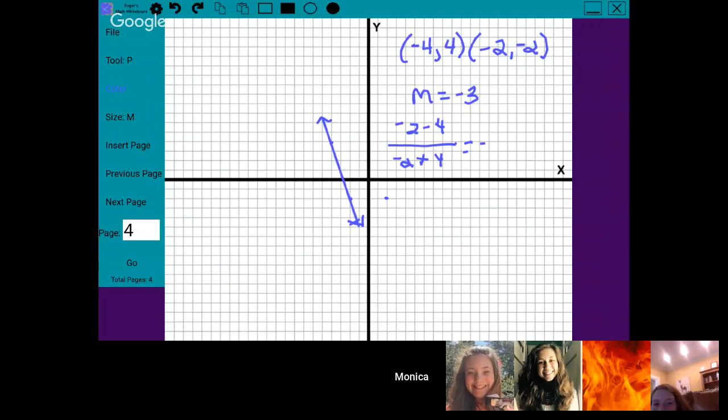So that's going to give you a negative 3, right? So then what's the opposite reciprocal of negative 3? That's the same as having negative 3 over 1. So when you flip those, you're going to end up with 1 over 3, and that negative is going to become a positive, okay? So your new slope is 1/3.